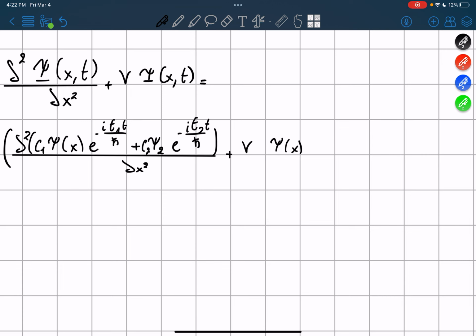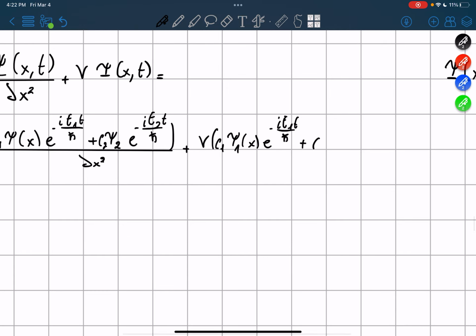Oops, I don't even need that in front. C1 psi 1 e to the power of negative i E1 t over h bar plus c2 psi 2 of x e to the power of negative i E2 t over h bar.